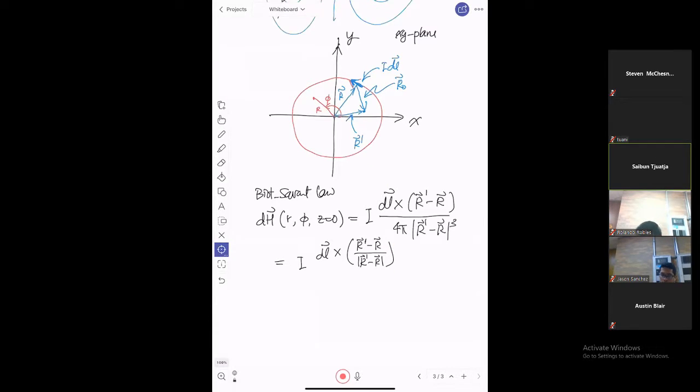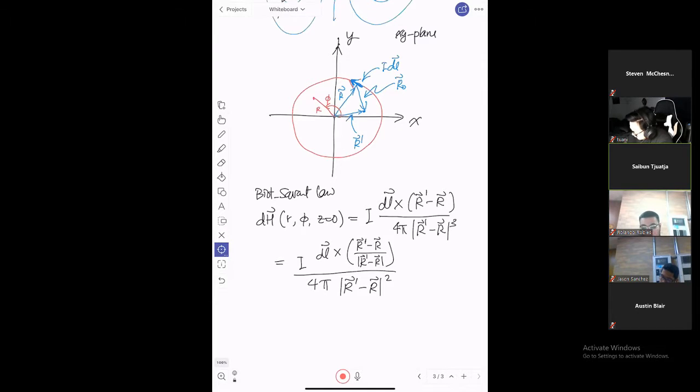Then the denominator is 4 pi, which we had earlier, times the distance between R prime and R squared. So what's messy? What is complicated? To solve this, you're dealing with something called an elliptic integral, because this is not difficult, just a messy function, as I mentioned before, right? The magnitude is what's causing all the problem. So to integrate this becomes a challenge.